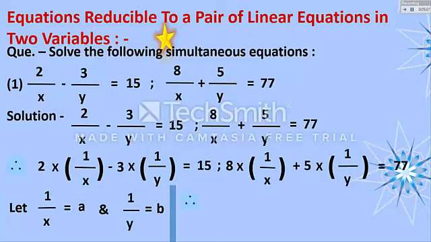Therefore, these two equations convert. After substituting 1 upon x is equal to a and 1 upon y is equal to b, what do we get?